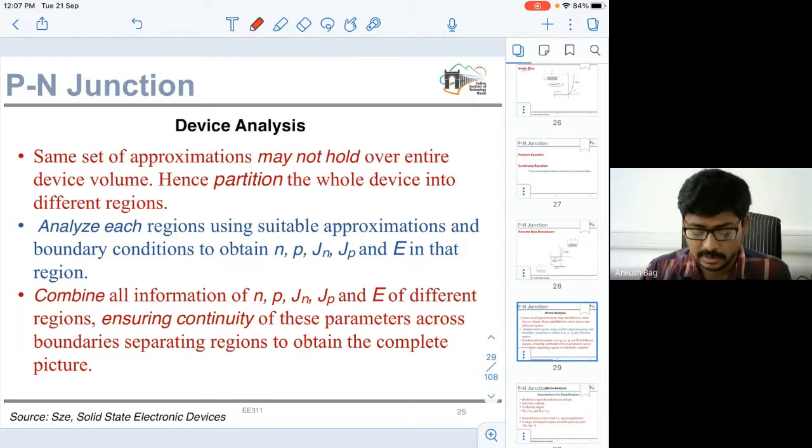using those 5 fundamental equations. Before we start this device analysis, remember there are a different set of approximations. I am telling you this statement again and again because it is important.